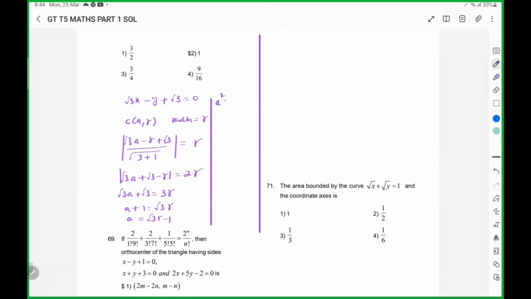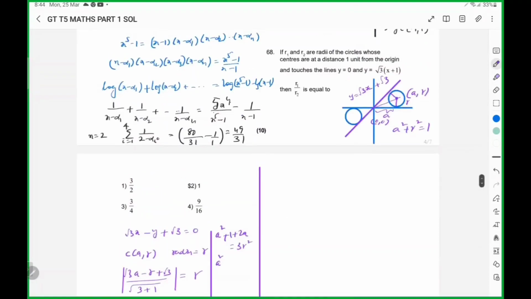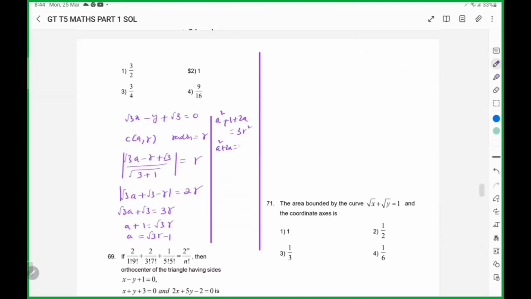Squaring both sides, a square is 3r square. a square plus 1 plus 2a is 3r square. r square here is 1 minus a square. 4a square plus 2a minus 2 is 0. 2a minus a minus 1 is 0. a plus 1, a minus of a plus 1. a is equal to half comma 1.